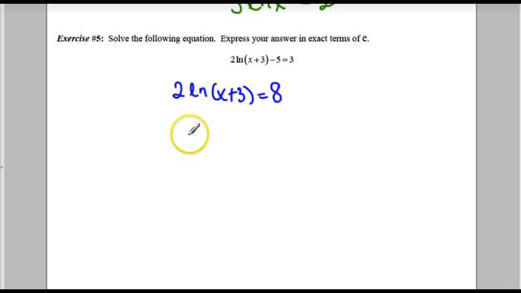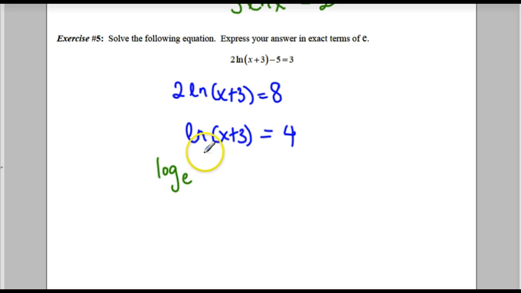I want to get rid of the 2, so ln of x plus 3 is equal to 4. Now how do we rewrite this? The log to the base e of x plus 3 is equal to 4.